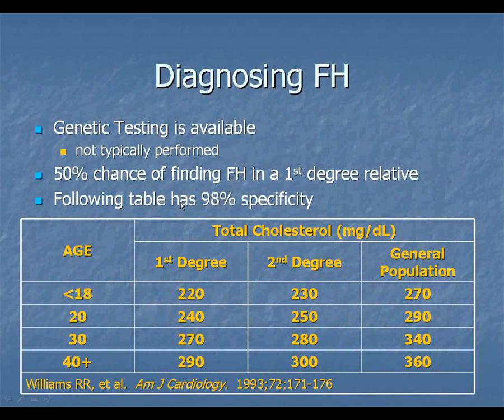It is said to have 98% specificity for these patients, but if you have just a general population patient age less than 18 that has a first-degree relative with FH, if they have a total cholesterol of 220, more than likely they will have the diagnosis of FH. If they're in the general population with no relatives, greater than 270 can give them a likelihood of having that diagnosis.